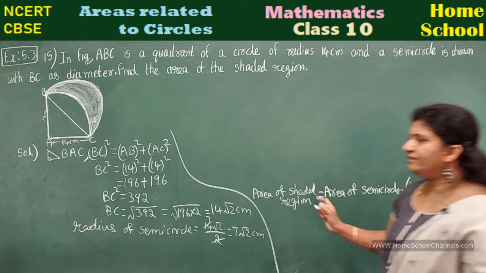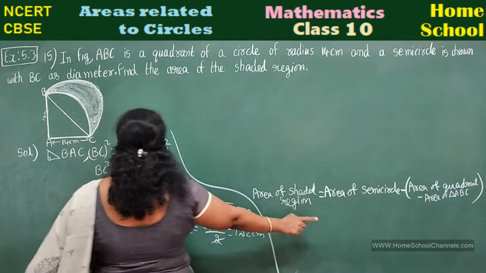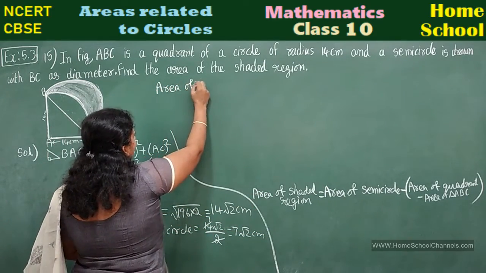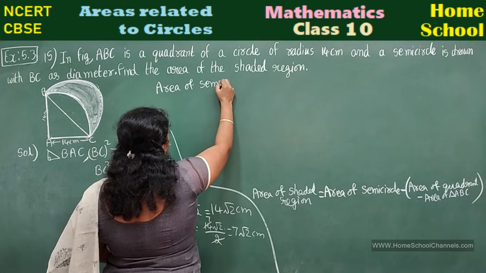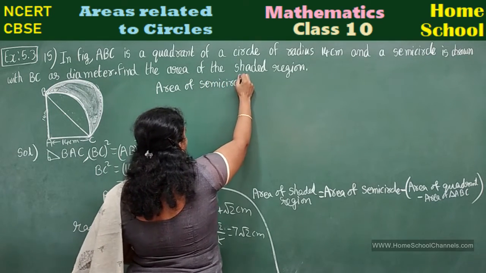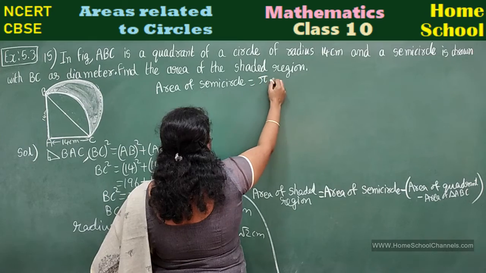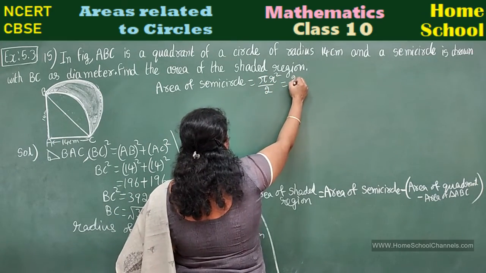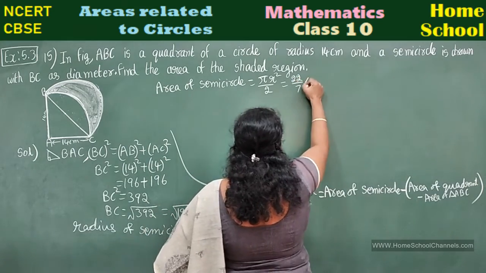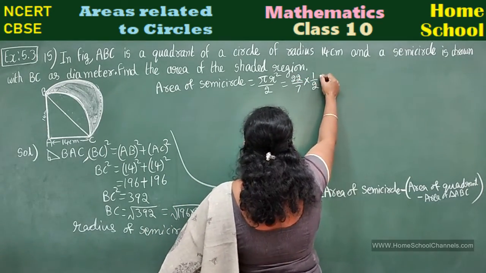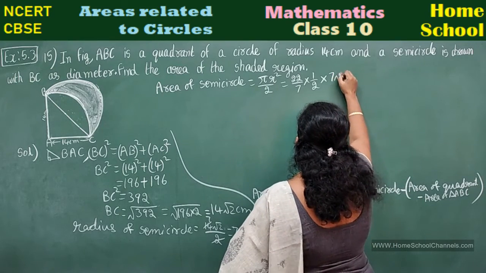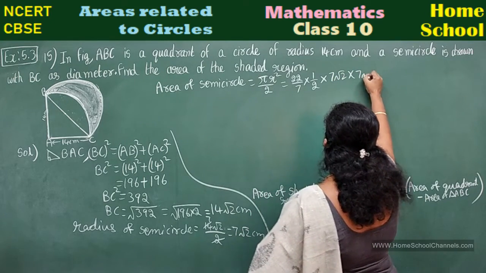Okay. So first, let us start finding the area of the semicircle. The formula is pi r square by 2. Pi value is 22 by 7 into 1 by 2. And the radius of the semicircle is how much? 7 root 2 into 7 root 2.